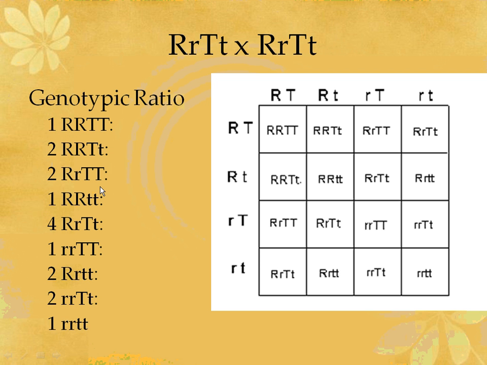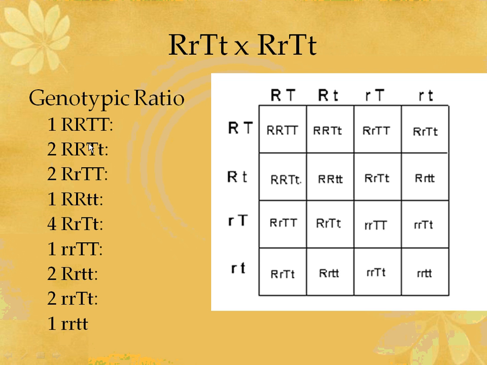So the phenotypic ratio, what do these letter combinations give you? A big R, big T is going to give you a round and tall. This is going to give you a round and tall. So we'll give you a round and tall, round and short, round and tall, wrinkled and tall, round and short, wrinkled and tall, and wrinkled and short.